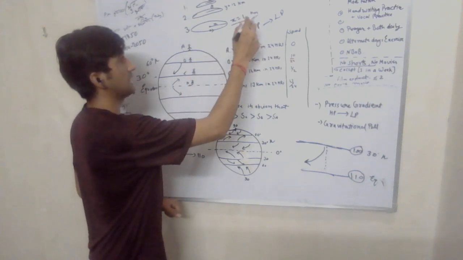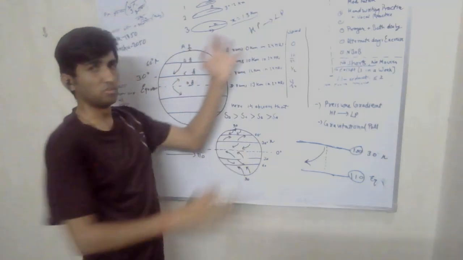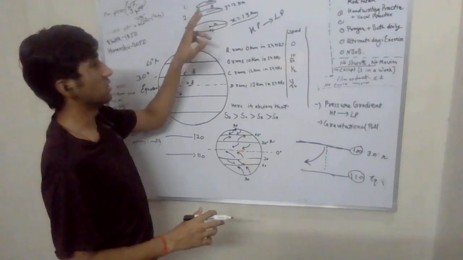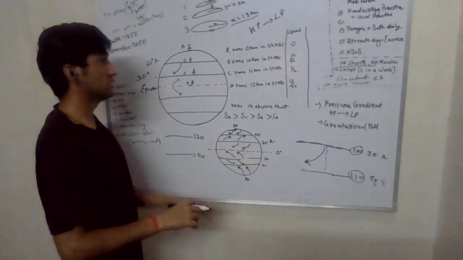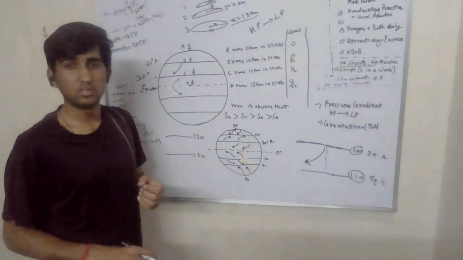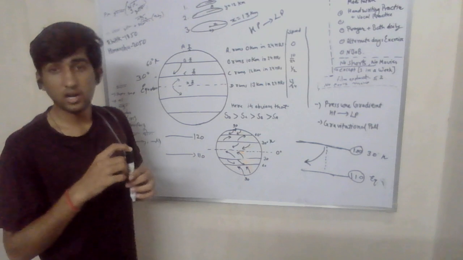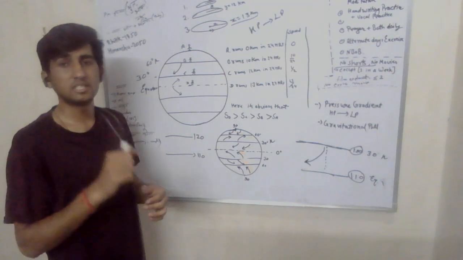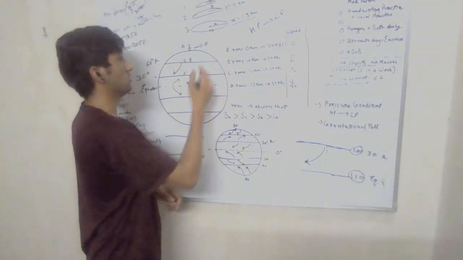Let's say x kilometers, and C travels y kilometers, B travels z kilometers, and A travels 0 kilometers, because it was at the same place 24 hours earlier where it is now. So it did not travel a single meter. That's why the speed of A is 0.